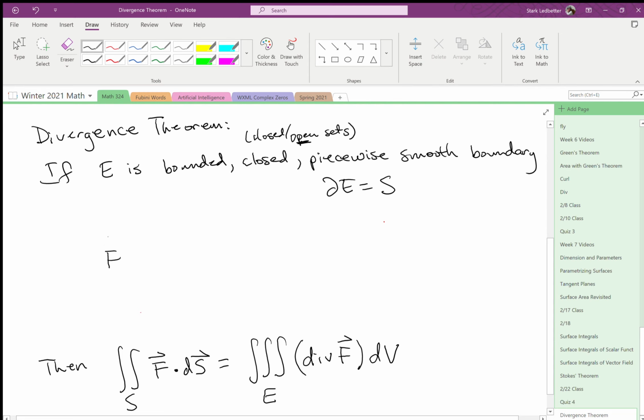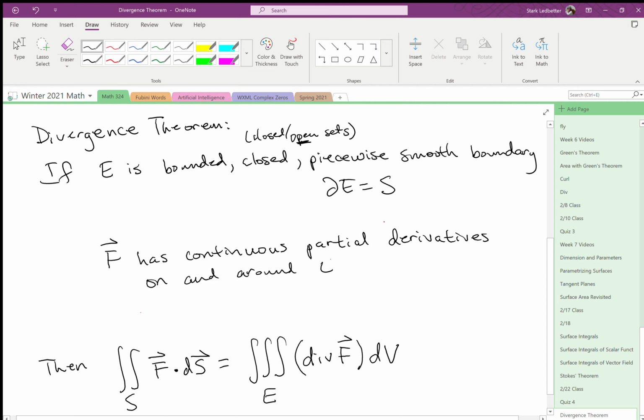And then we also need some conditions on F. F has to have continuous partial derivatives on and around E. What that means is that if you have some region E in three-dimensional space, you don't want F to be nice inside E and on the surface of E and then really ugly right outside E. We want some leeway, so a little bit bigger than E. It doesn't have to be much bigger at all.